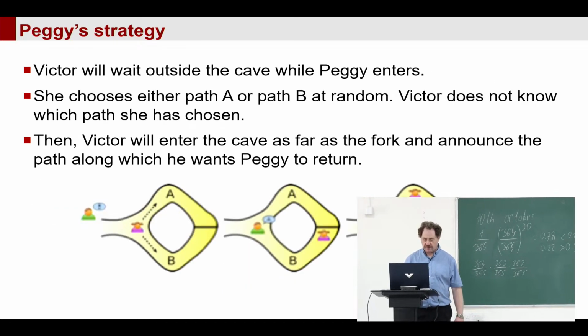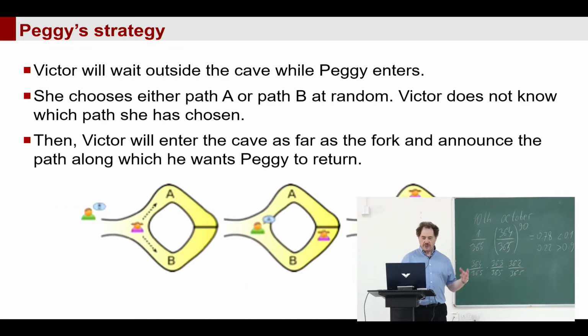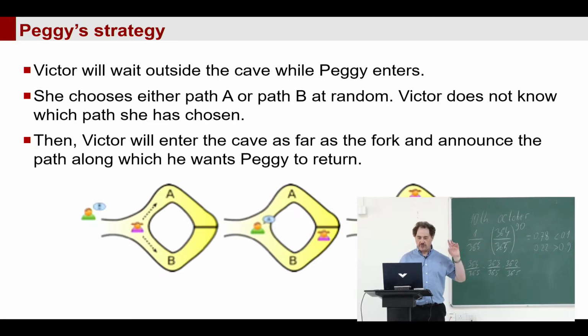So here's the idea. Victor will wait outside the cave while Peggy enters. Peggy can choose path A or B at random, so Victor doesn't know which path she has chosen. You can see it in the illustration here.